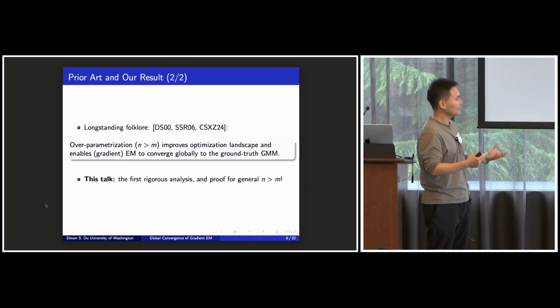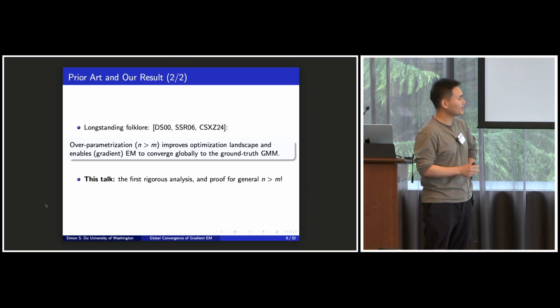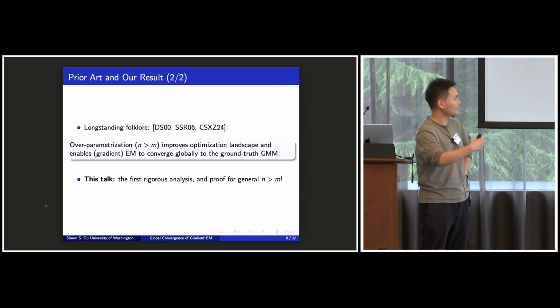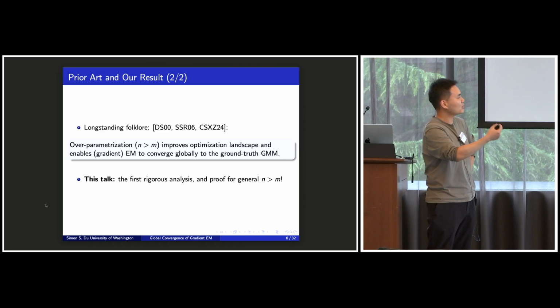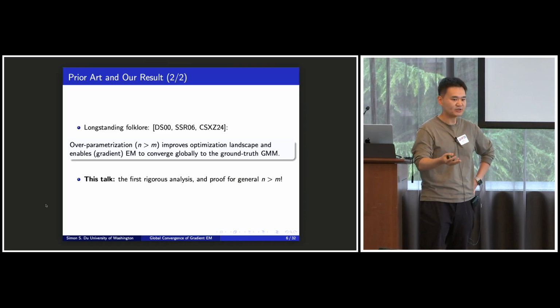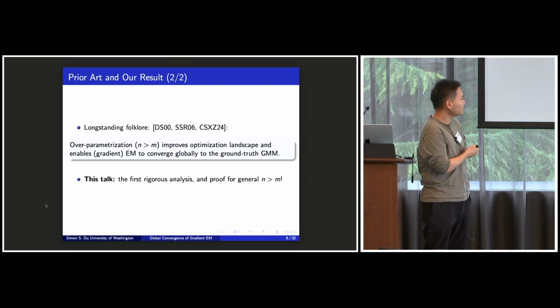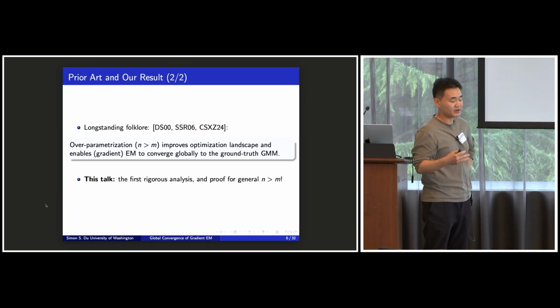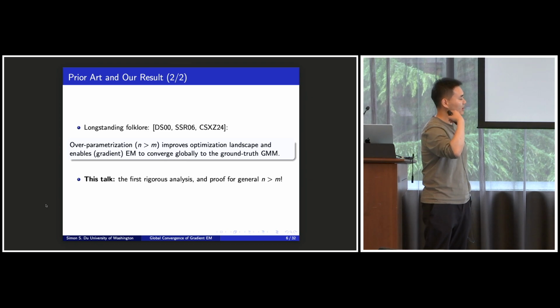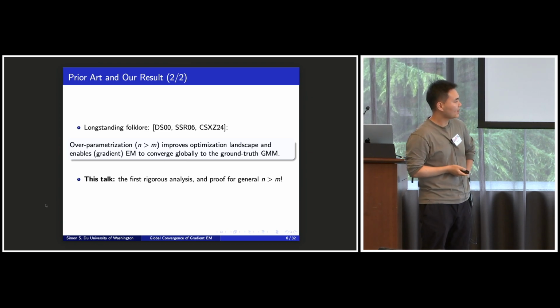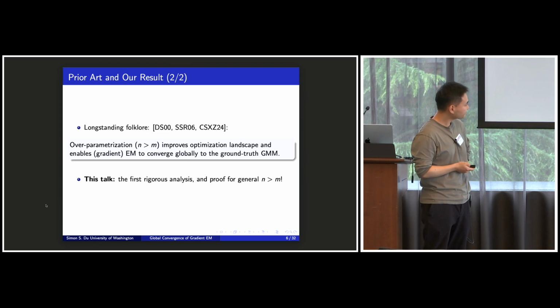They show, with enough separation and several conditions, with some truncation method, why over-parameterization can be useful. It's related to coupon collector as well. Our result is the first rigorous analysis and proof for general n bigger than m, from random initialization to convergence to the ground truth if you have enough samples.